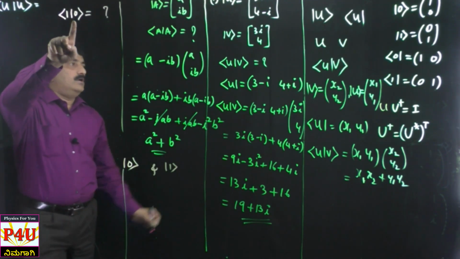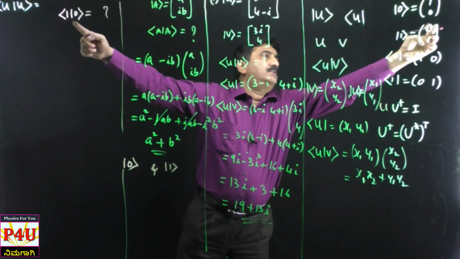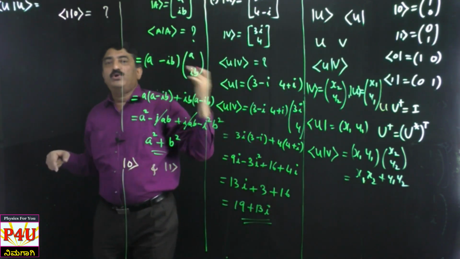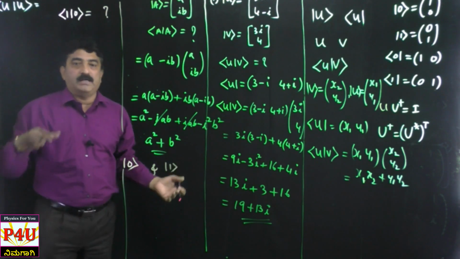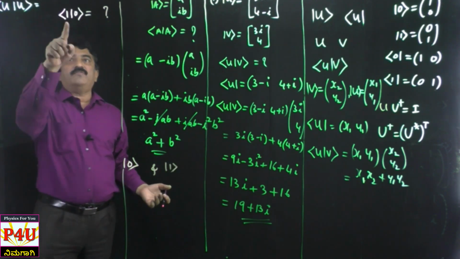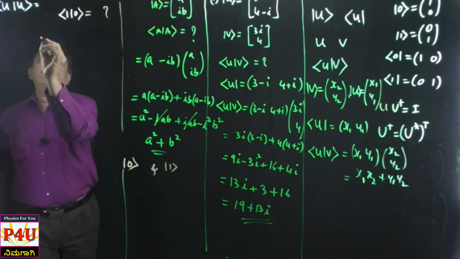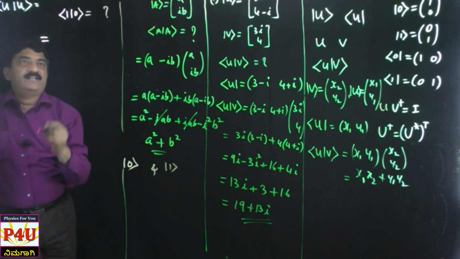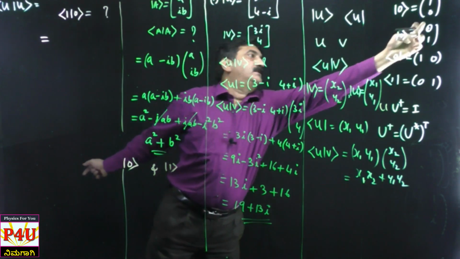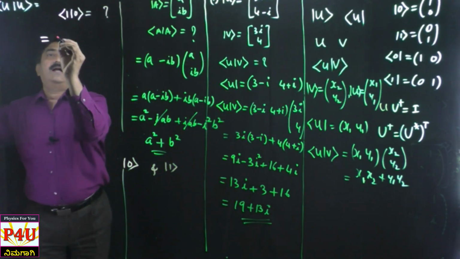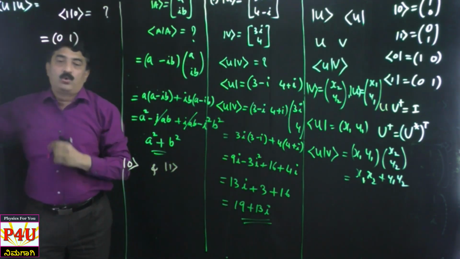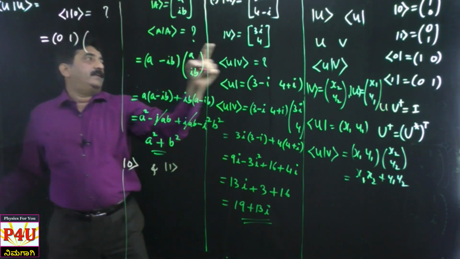Look at ket 0: it remains as it is as <0|, but ket 1 now should change. You have to go for transpose. There is no complex conjugate of ket 1 because there is no complex number. So straight away you can write ket 1 as 0 1 in column form, so you write that as the row 0 1, and ket 0 is 1 0.